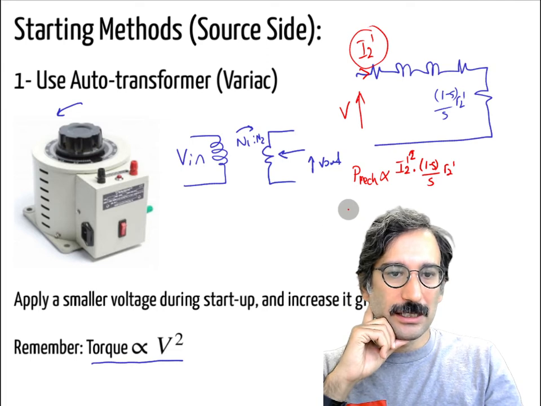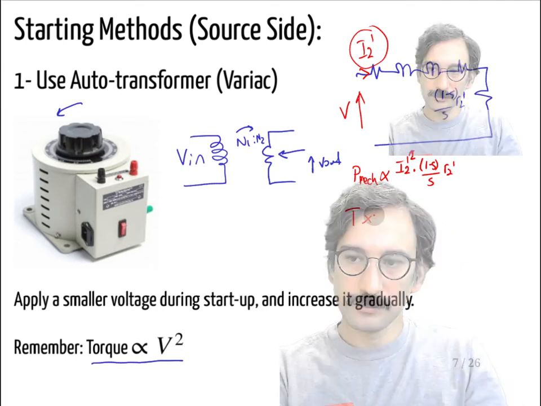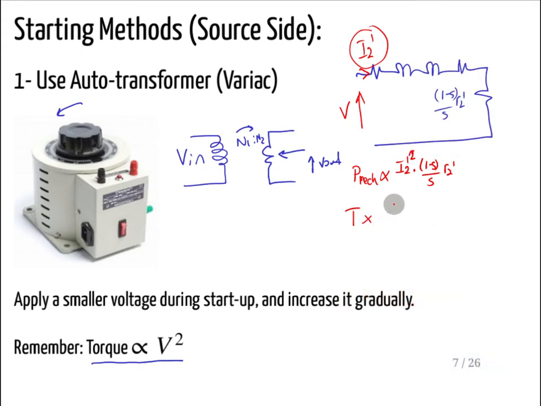So I can say torque is proportional to the square of the voltage. That means if I halve the voltage, I halve the current, and I reduce the torque to 1/4 of it, so 25% of it.